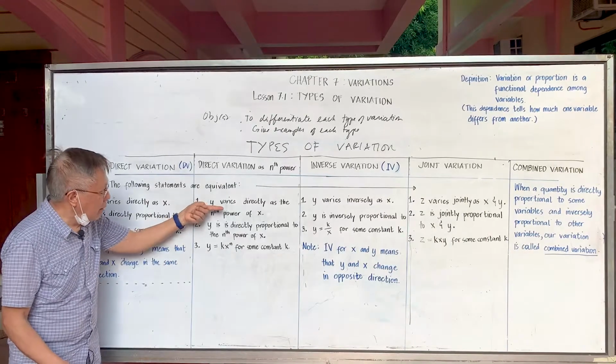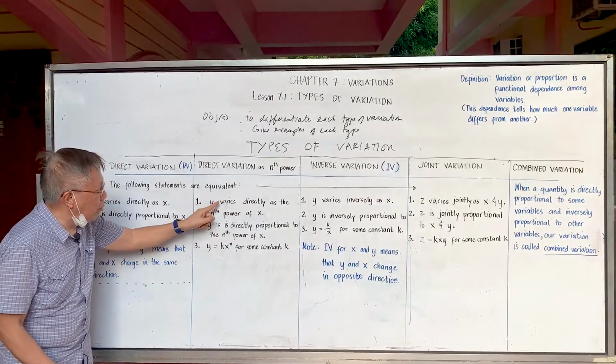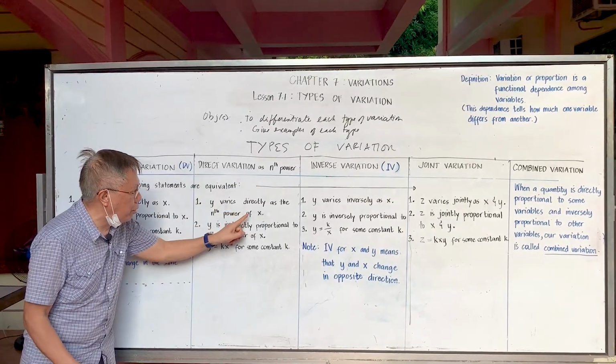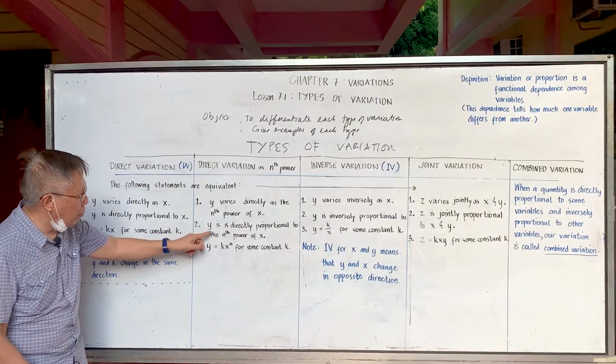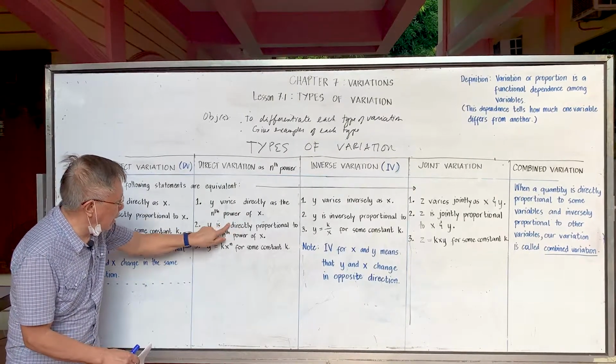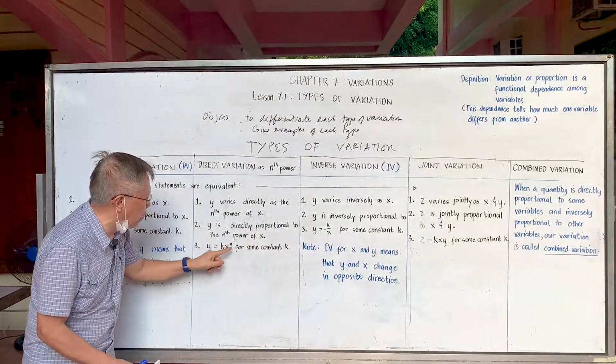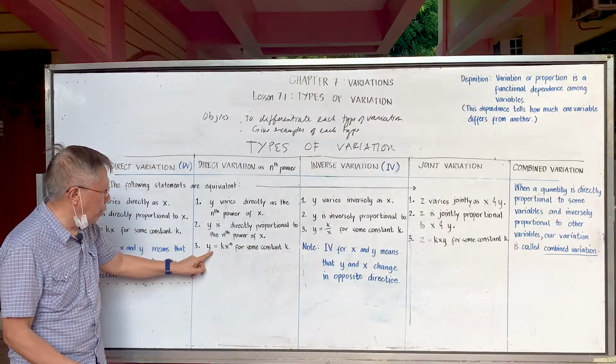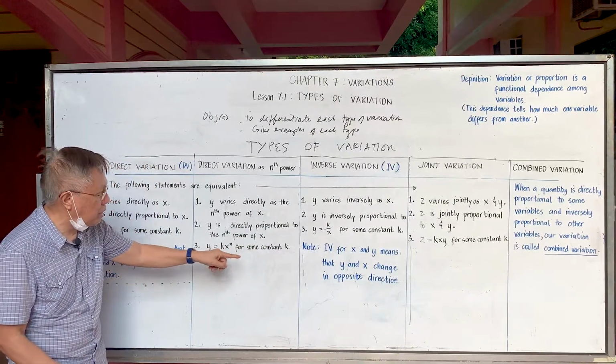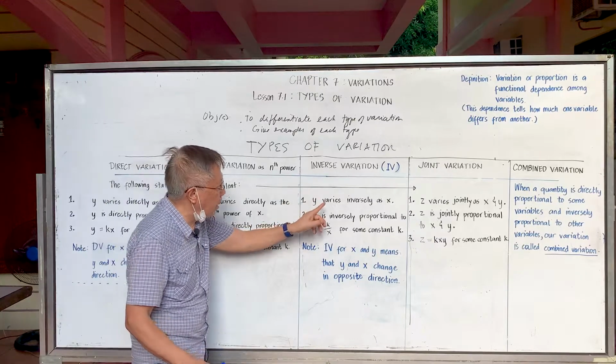Now, again, if I say y varies directly as the nth power of x, it is the same as saying y is directly proportional to the nth power of x, or y equals kx to the n for some constant k. And you will see the pattern.